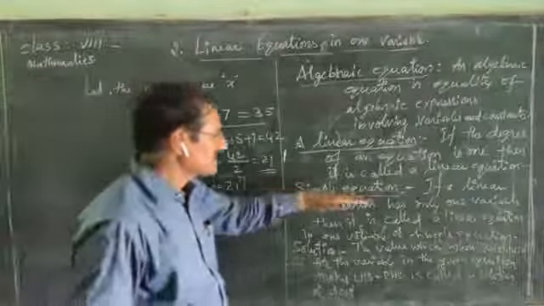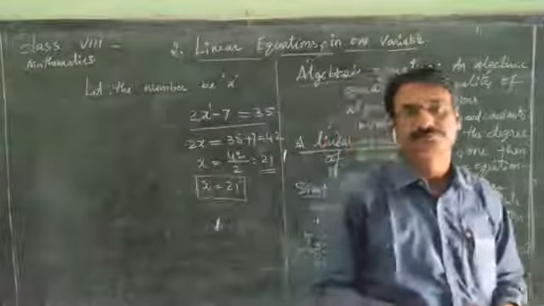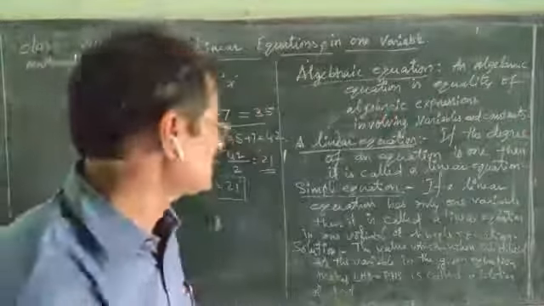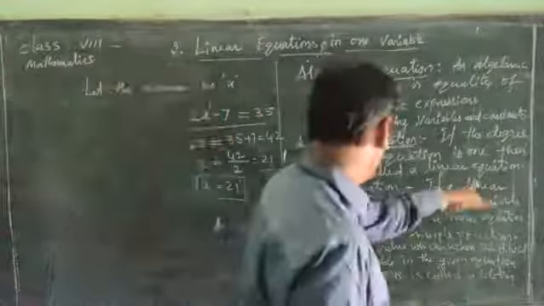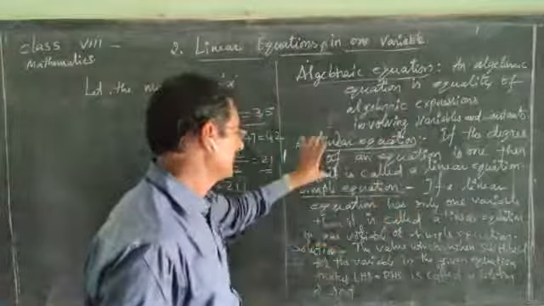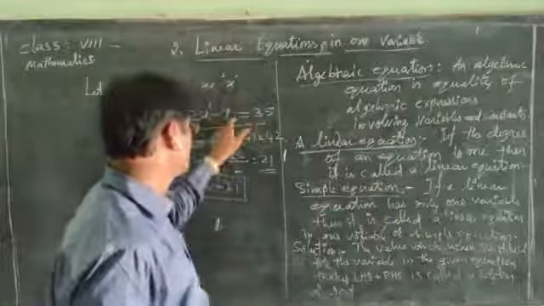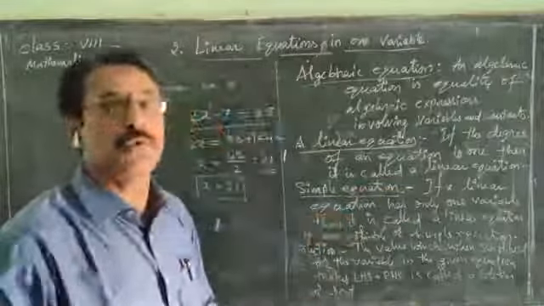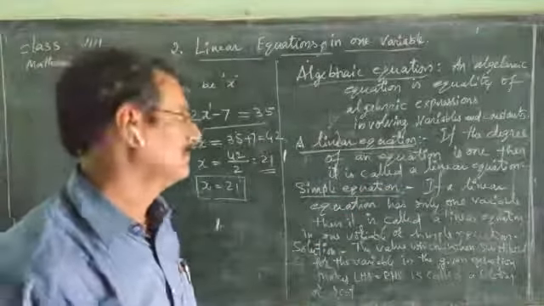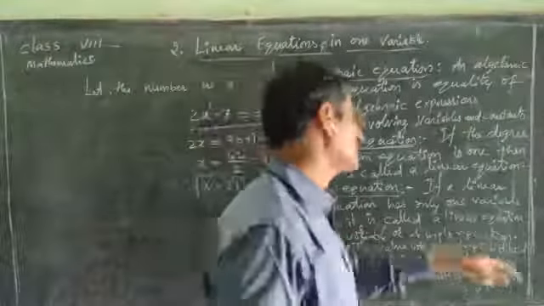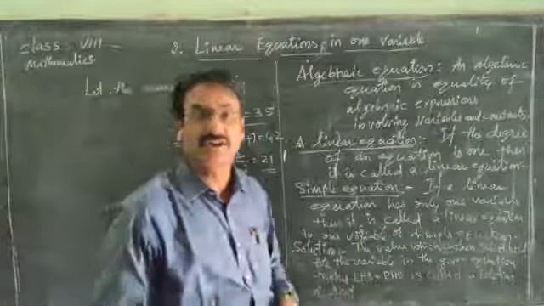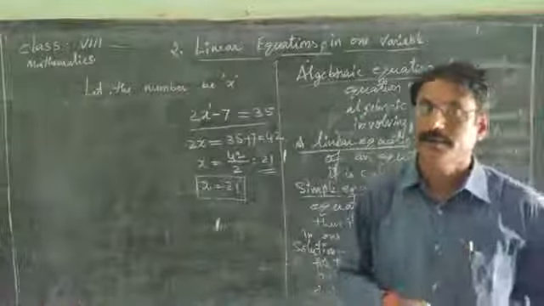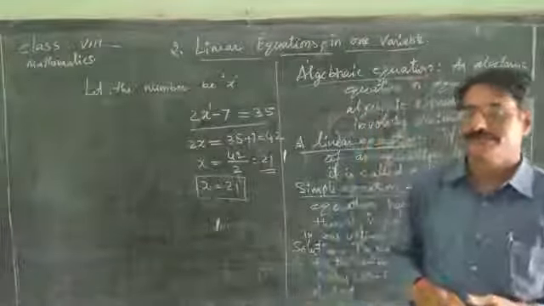Next, simple equation. What is the meaning of simple equation? If a linear equation has only one variable, then it is called a linear equation in one variable or simple equation.